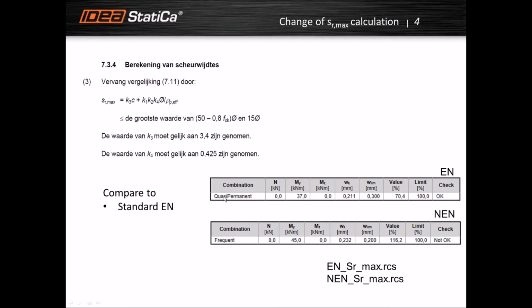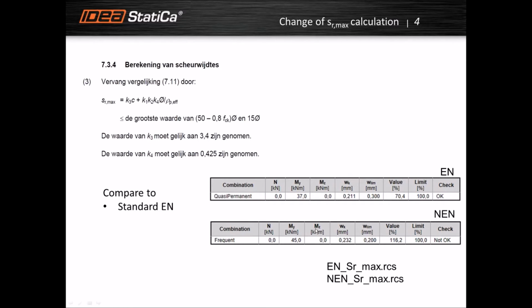First of all, we have to say that there are different types of combinations: quasi-permanent for standard Eurocode and frequent for Dutch code. It means that sometimes the comparison is a little bit tricky because there are actually different bending moments, different internal forces coming to the calculation.